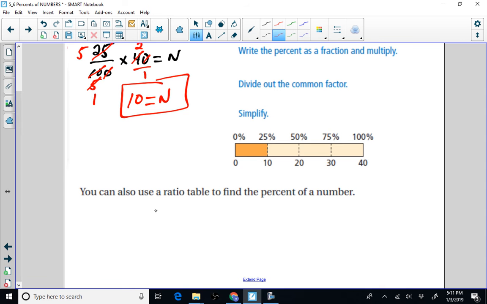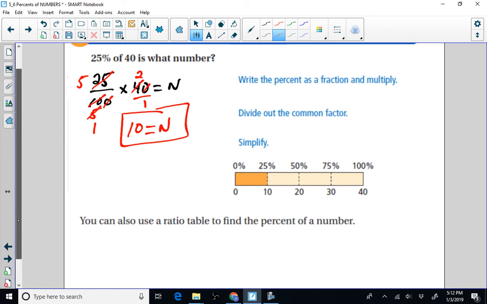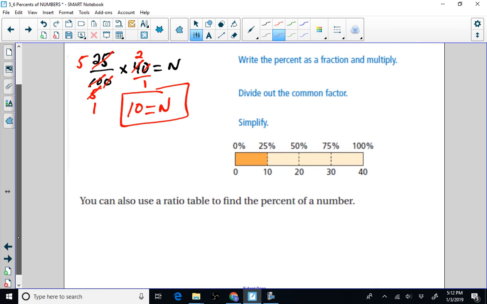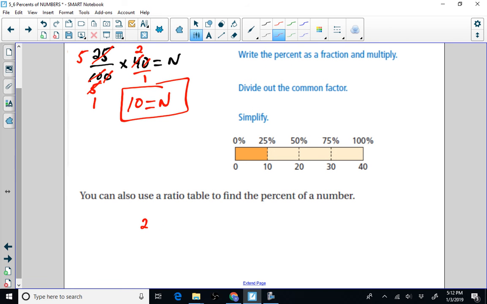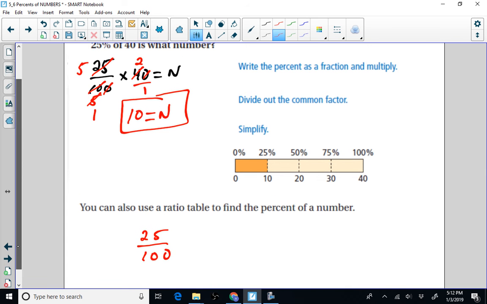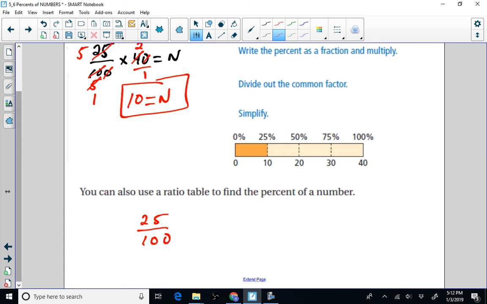You're also told you can use a ratio table to find the percent of a number. Right? Well, how would we do that? Well, we start with 25 over 100. And I want to know 25 over 100 is equal to what part over 40. Right?